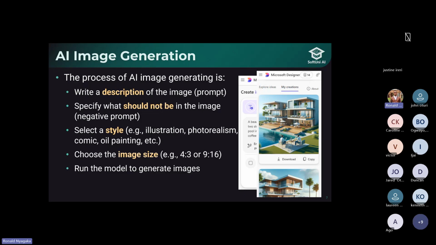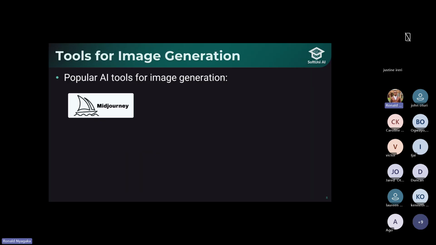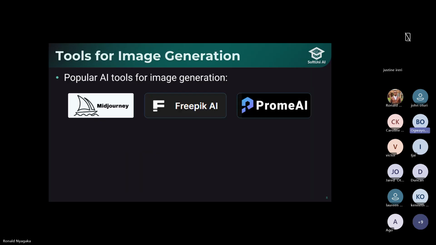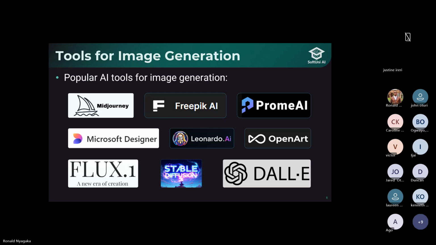One of the best ones that I've seen is called Sora, if I'm not wrong. It's very popular on TikTok. They can confuse you. Popular tools for image creation include Midjourney, Freepik, OpenArt, Leonardo.ai, and Flux.ai.